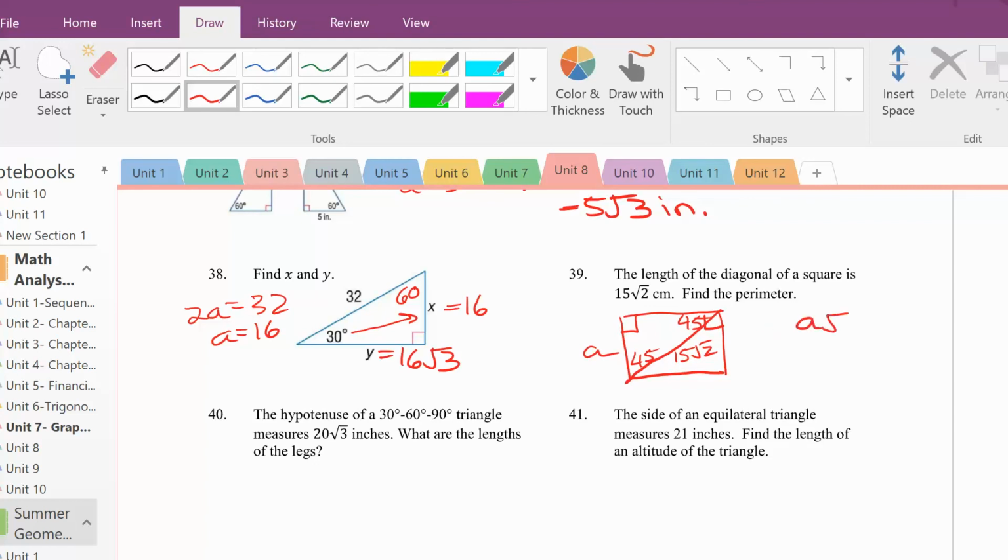So a rad 2 equals 15 rad 2. So therefore when you divide by rad 2, you get a is 15. So since one side is 15 centimeters, times 4 means the perimeter is 60 centimeters.